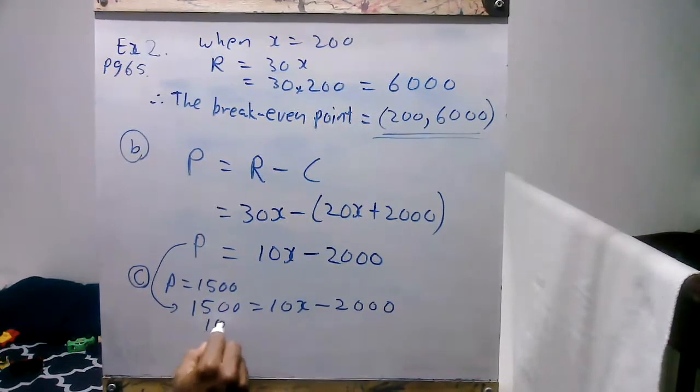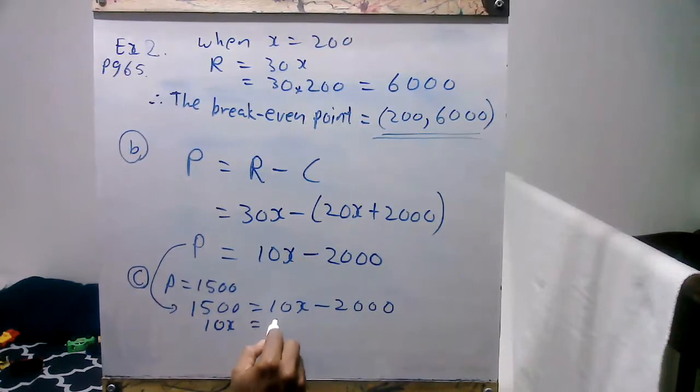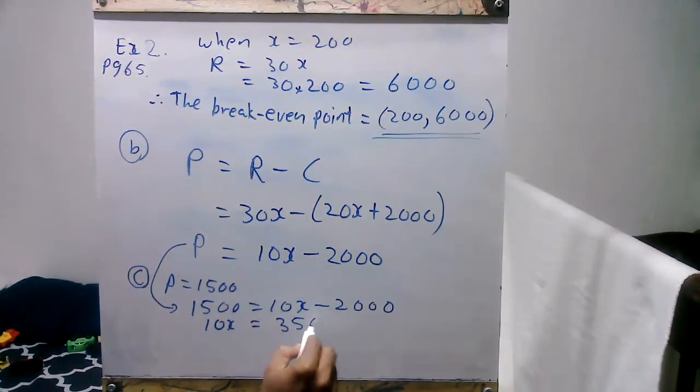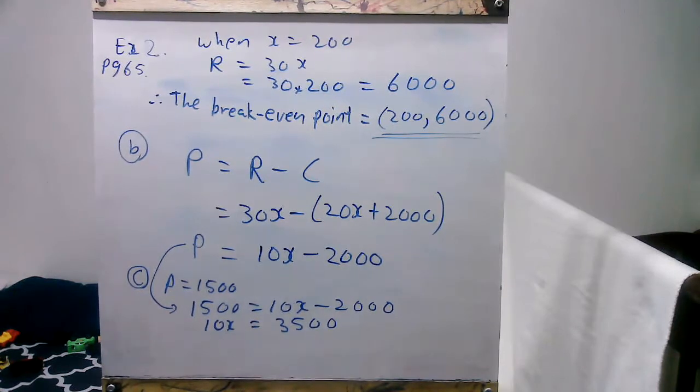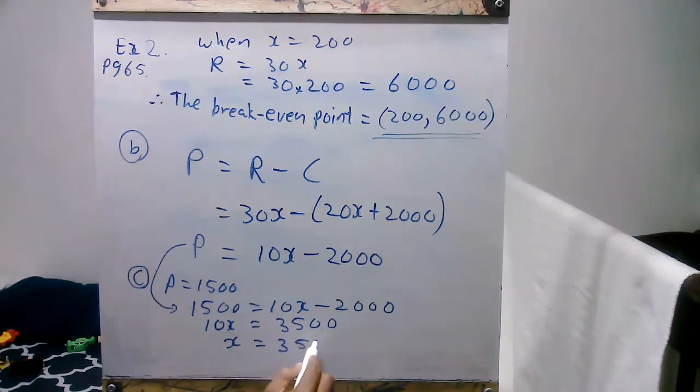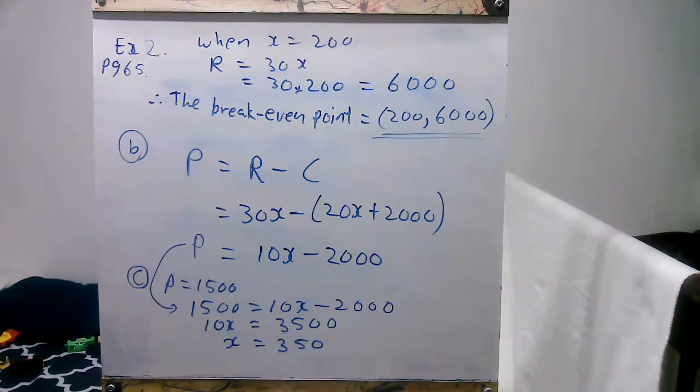This gives us 10x equal to 3500, and x equal to 350. Okay, that means to make a profit of $1500, they have to sell 350 bottles.